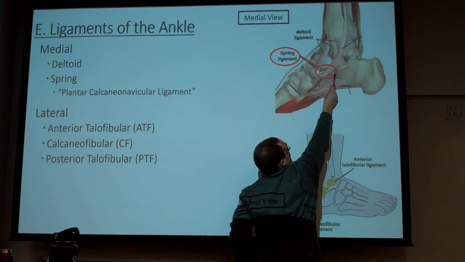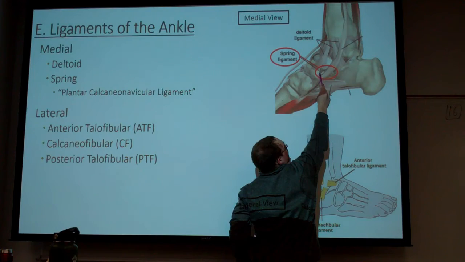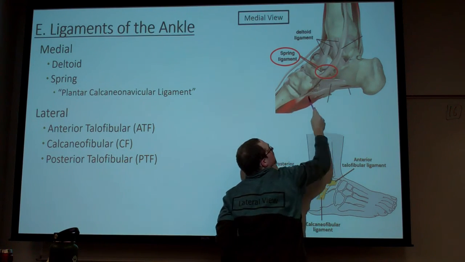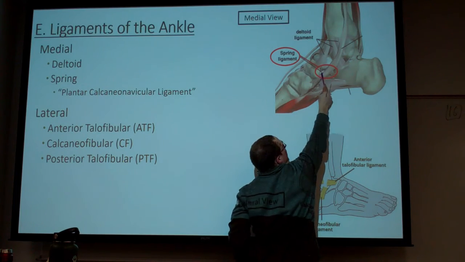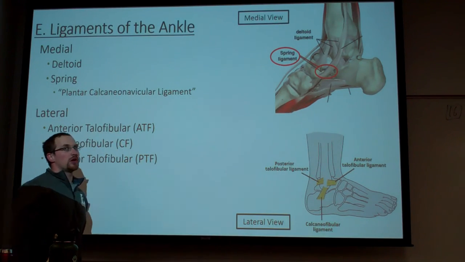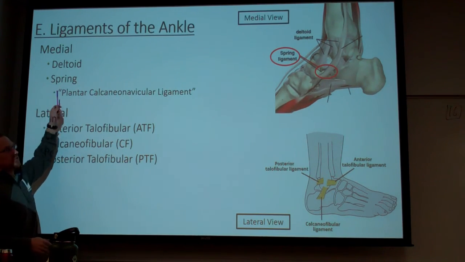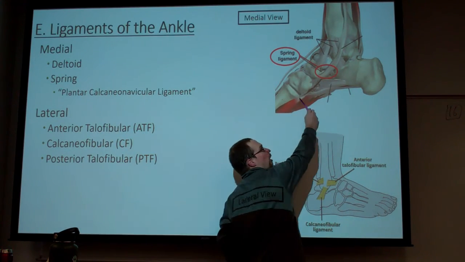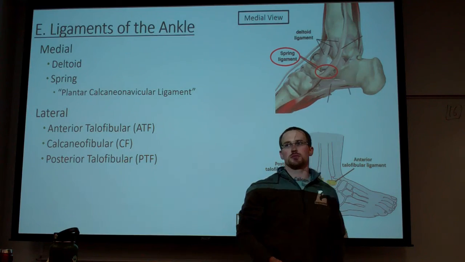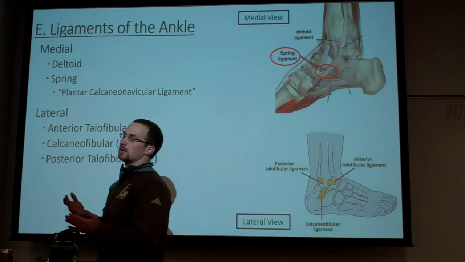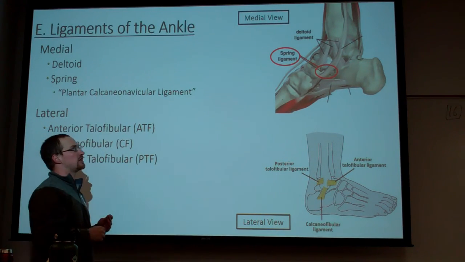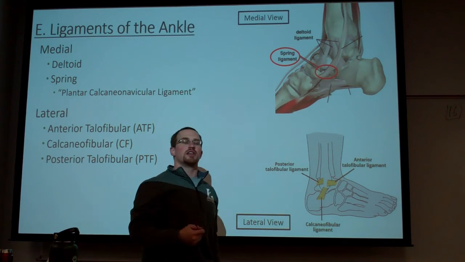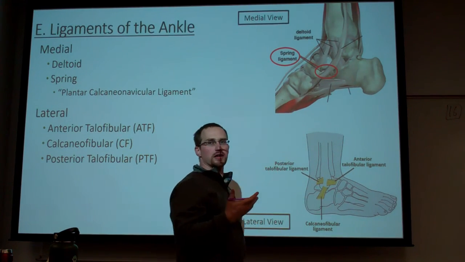Here's the calcaneus, here's the navicular bone. It's this ligament here that's underneath this ligament right there. We call it the spring ligament because it's one of the most important ligaments that helps maintain the arch in our foot. If you tear that ligament, most likely you're going to have a hard time pushing off, a hard time producing force when you're moving.